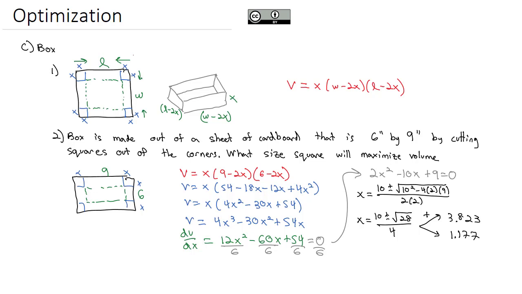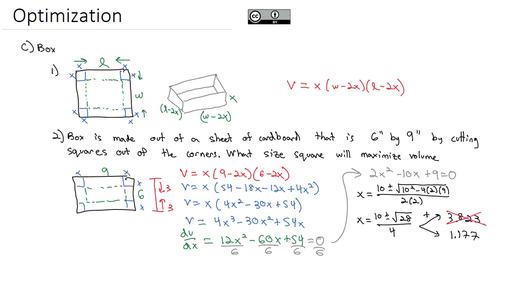But I need to be careful. Think back to my box. The smallest dimension was the 6. And if I'm cutting in on both sides, the most I can cut in before I'm just cutting the box in half is 3. So we can't cut more than 3. We probably don't want to cut 3 either, because you don't get much of a box by cutting it in half. So the first answer of 3.823 is too big.